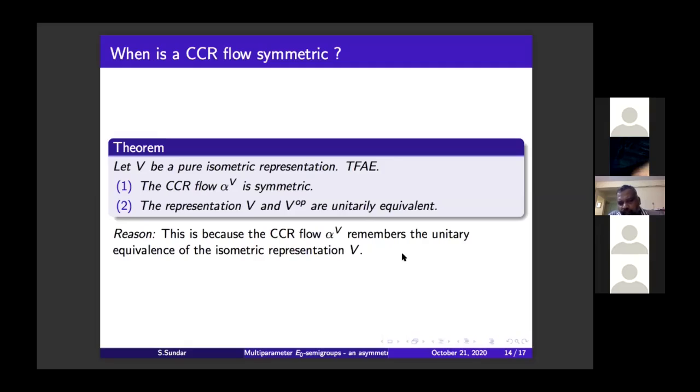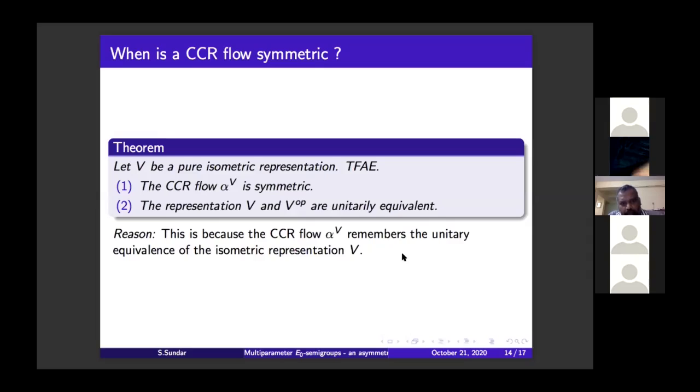The difficult part really lies in proving the statement for the one parameter case, which was proved first by Arveson. So a CCR flow is symmetric if and only if V and V opposite are unitarily equivalent.